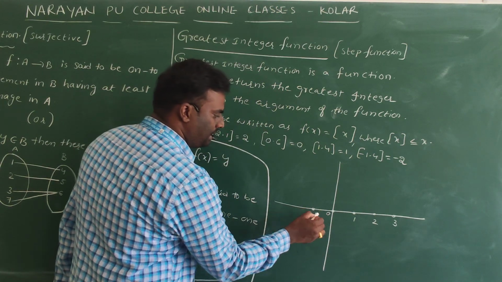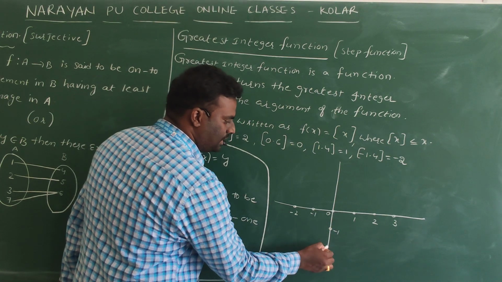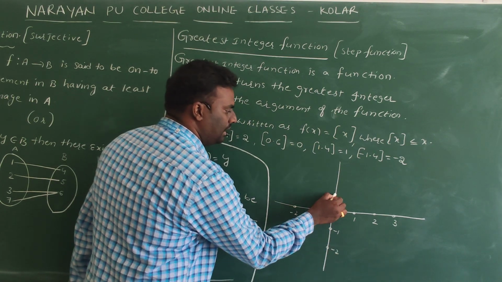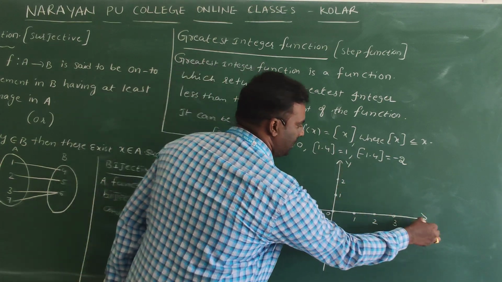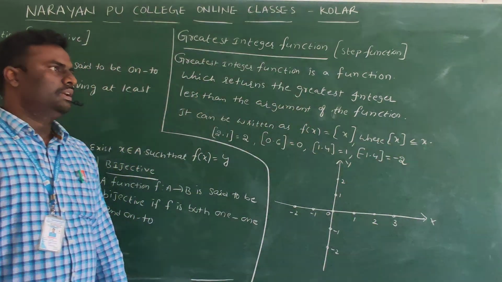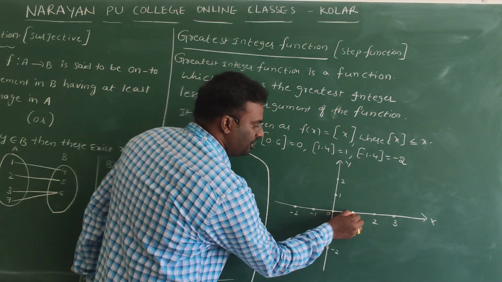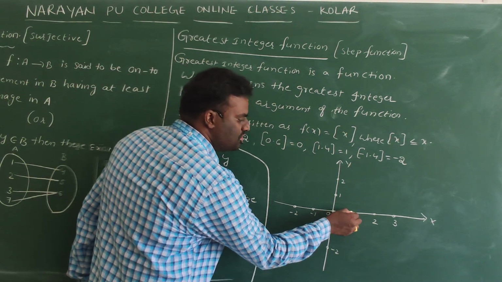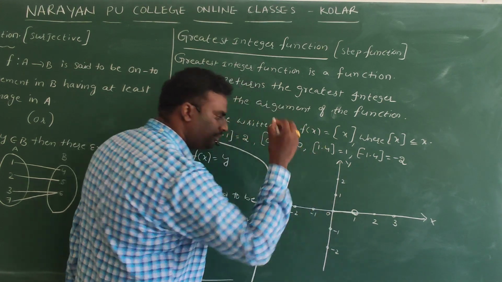Here, minus 1, minus 2. Here, 1, 2. This is y-axis and this is x-axis. Now, the graph of step function is like this. If you take any value between 0 to 1, the answer will be 0.